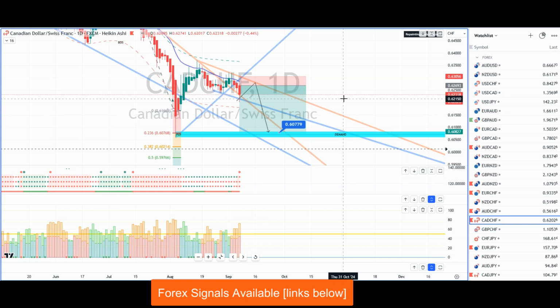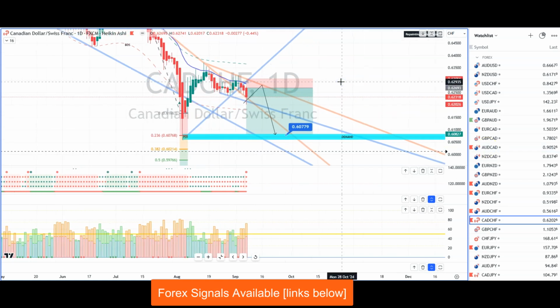We have quite a number of positions open, including the pound yen, euro yen, Canadian Swiss, Aussie Swiss, Euro Swiss, Aussie Canadian. That's quite a number of trades, which is fine as long as your money management is good. But what we will do is move the stop every day, and I'll tell you where the stops are, to reduce your risk and exposure.